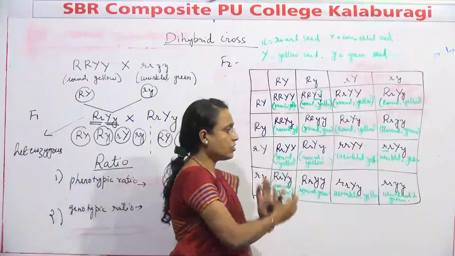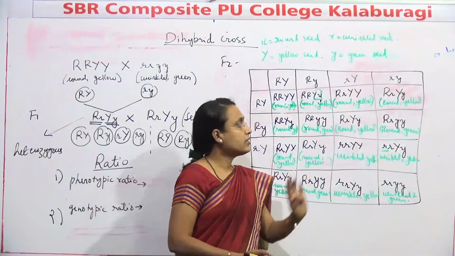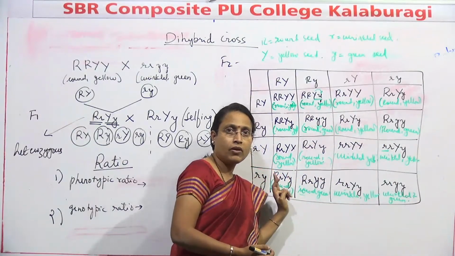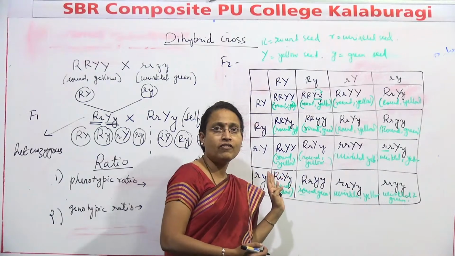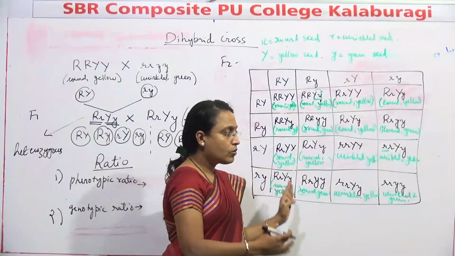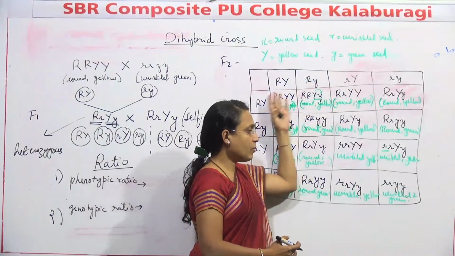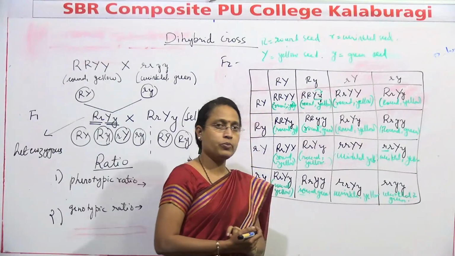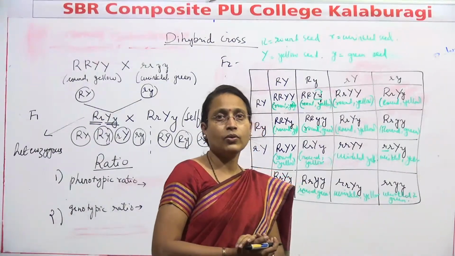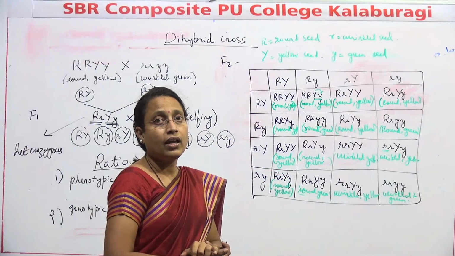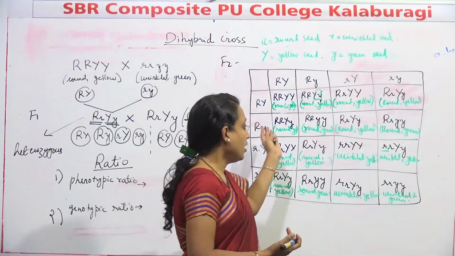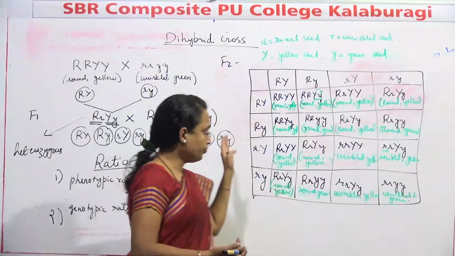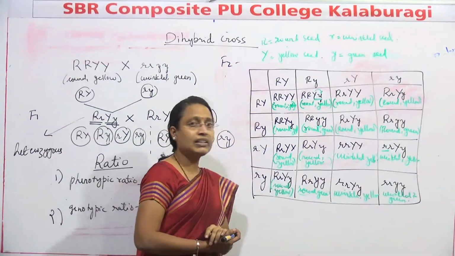After seeing this table, what you come to know is that there are a total of 16 offspring formed in the F2 generation of the dihybrid cross. How 16? Because 4 gametes from each parent can combine in this many ways. So you can see 16 possible offspring, but they are not unique.